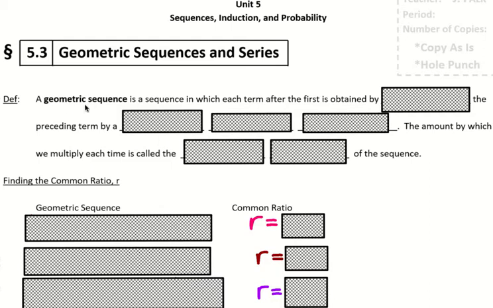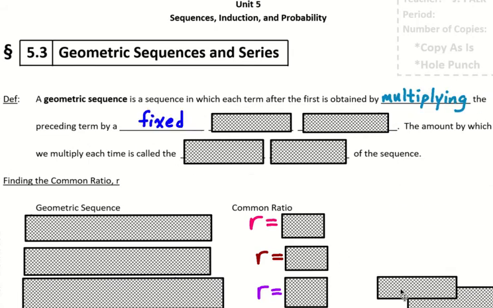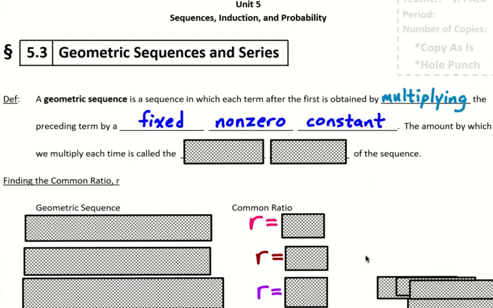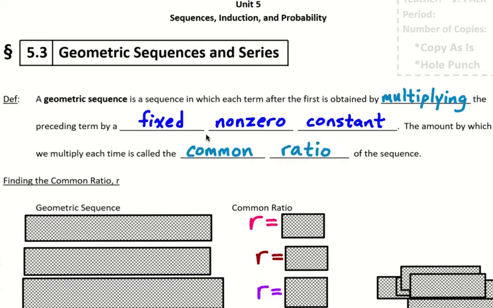Well, a geometric sequence is a sequence in which each term after the first is obtained by multiplying the preceding term by a fixed, non-zero constant, which we're going to call the common ratio.